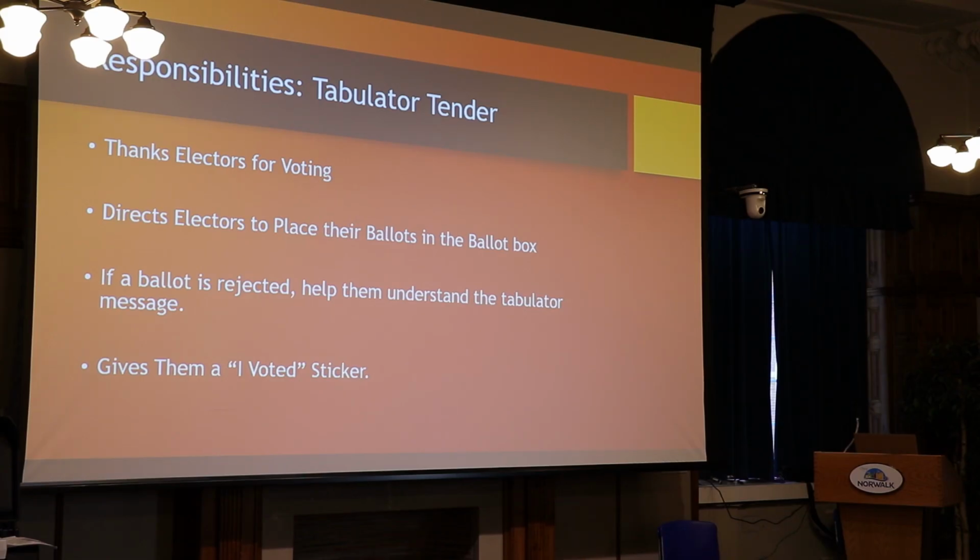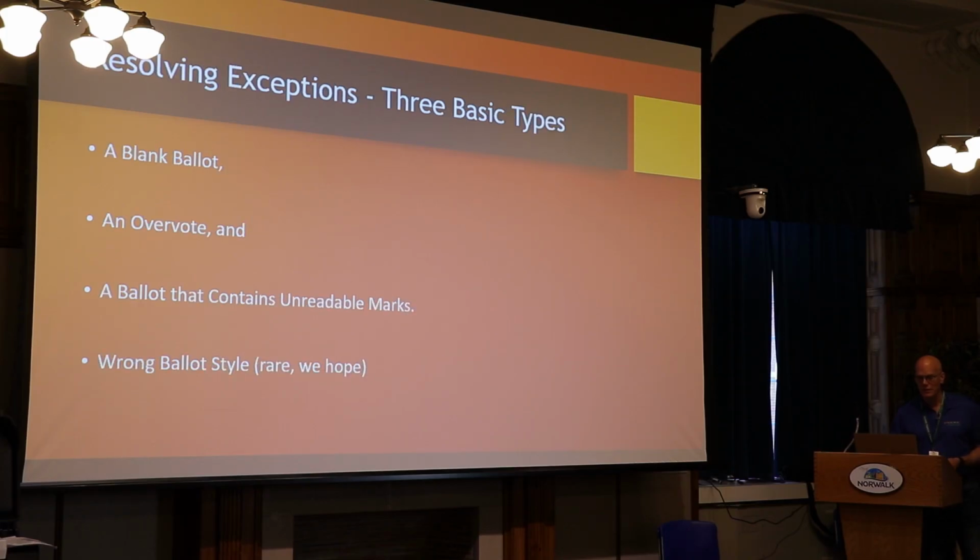The tabulator tender doesn't do that for them, right? They place it in the ballot box. If for some reason the tabulator has an issue, and I'm going to go into those issues in a second, the tabulator tender can help them understand what that issue is. And then once the ballot is submitted in some way, they issue the elector an I voted sticker.